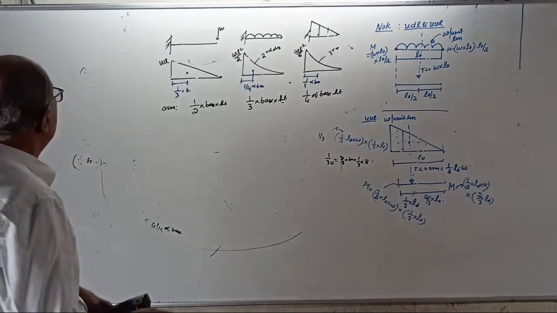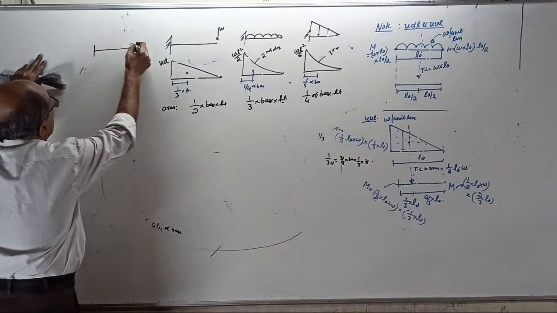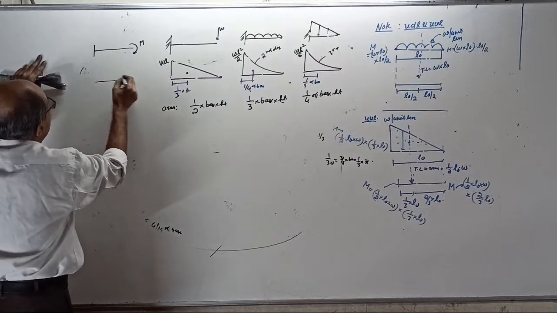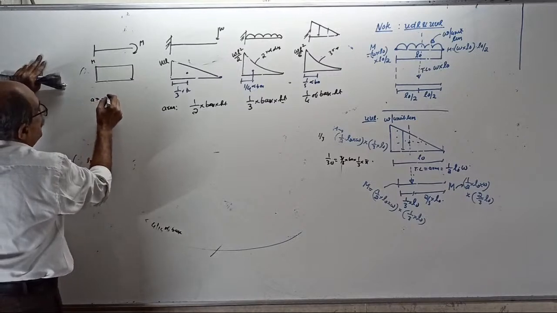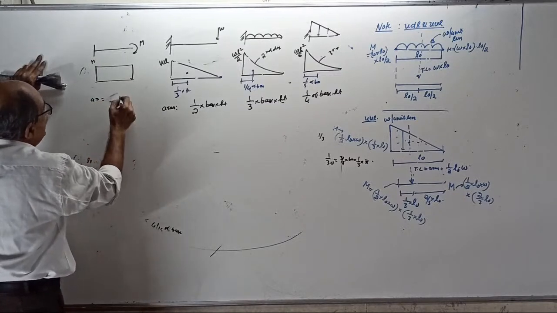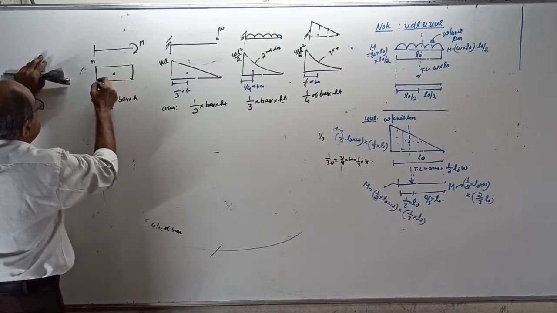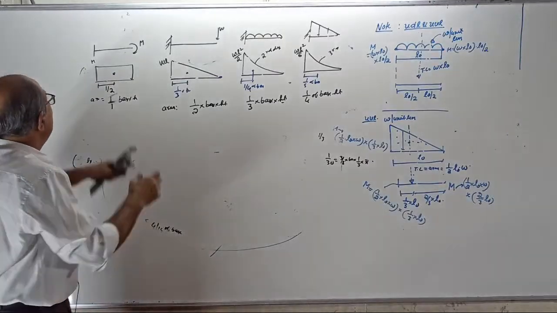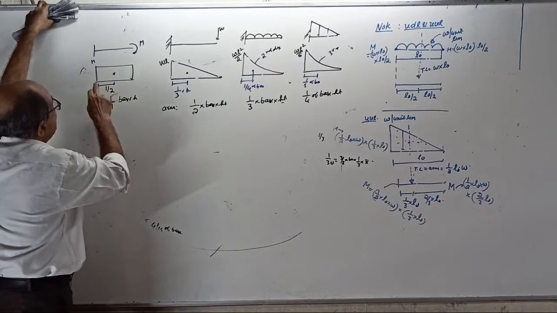And one more thing is there, forgotten. See, one more thing before that. If there is a couple applied M here, see now, couple applied M, BMD is like this, M. Area equal to base into height, simply base into height or 1 by 1. CG is at 1 by 2. Correct? See, how beautifully tallying. Couple means rectangle: area 1 by 1, CG 1 by 2.